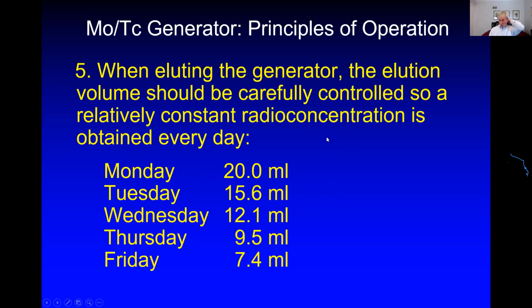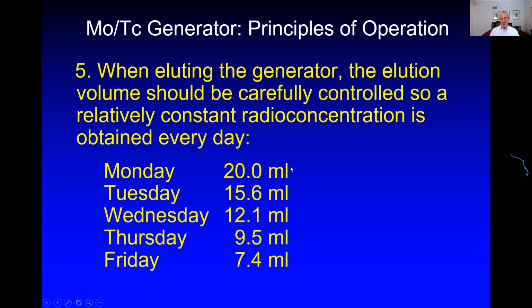Also, you want to control this concentration to be very high first thing in the morning so that you can get a bolus injection with a very small volume. That's also important. So this, I took 20 and just used the 24-hour decay factor for a 67-hour isotope, and that's what this is.